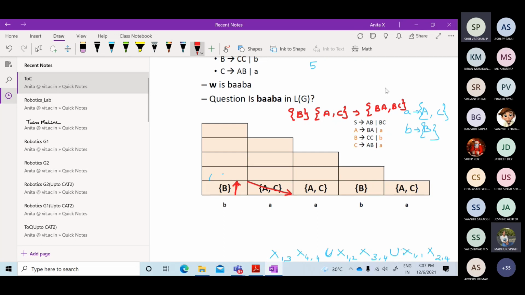A and S. Yes, A, S. BA is derived by S, and BC is derived by A. Isn't it? So what I should do? I am going to add S, comma, A. Right? And next I have to proceed.